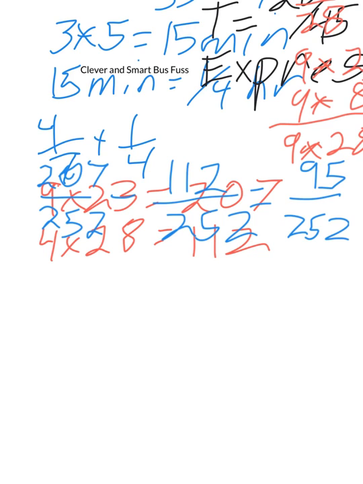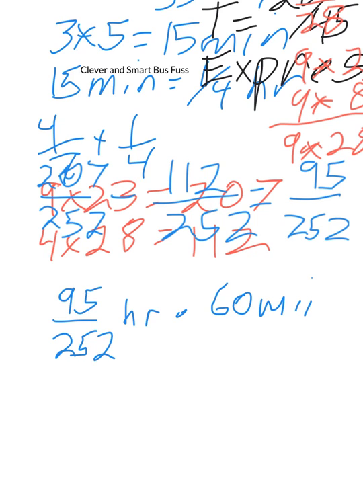We have 95/252nds hours times 60 minutes per hour. Hours, we can see, will cancel and we'll be left with minutes.